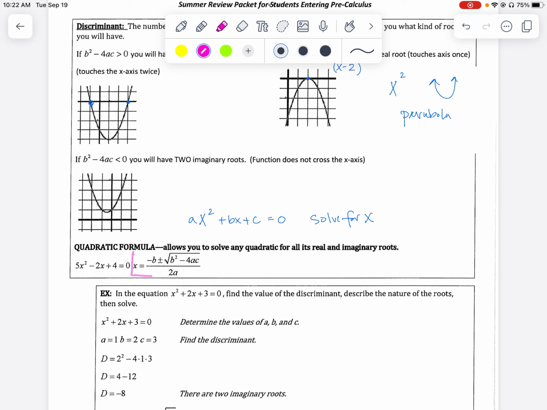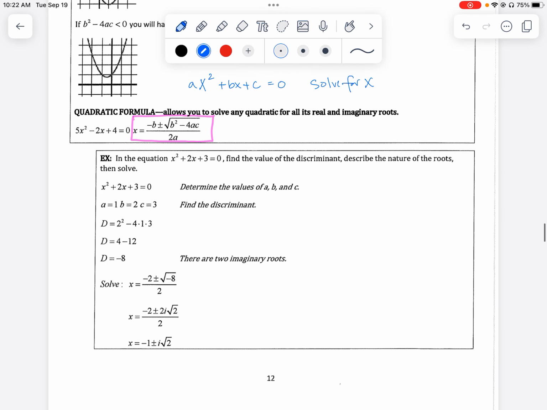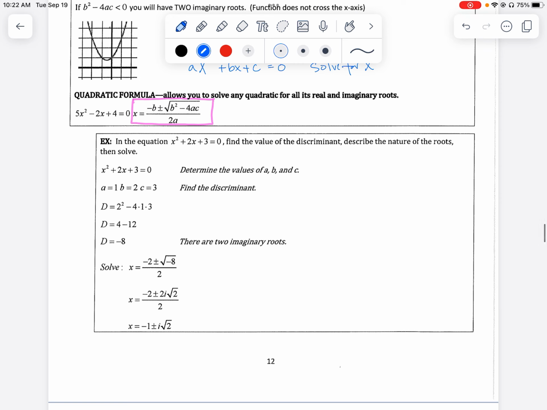We would end up with the quadratic formula, which you all probably had to memorize at some point in Algebra 1 or Algebra 2. All it means is that I find a way to find the roots of the equation, where it crosses the x-axis, find the solutions when I can't factor. So this is a way to solve for x when a quadratic equation is not able to be factored.